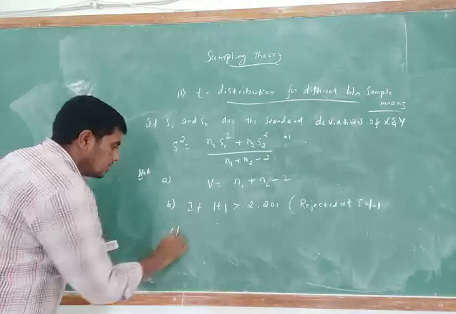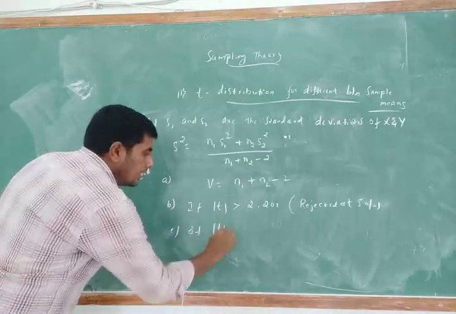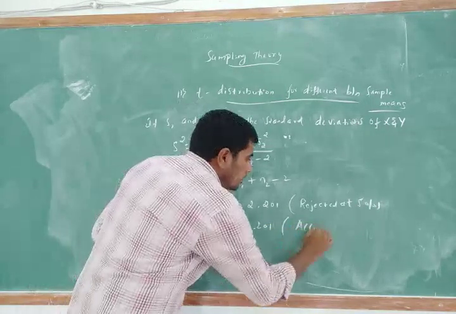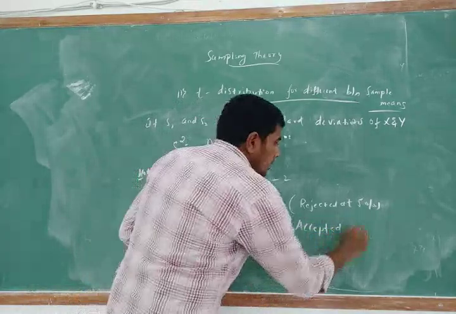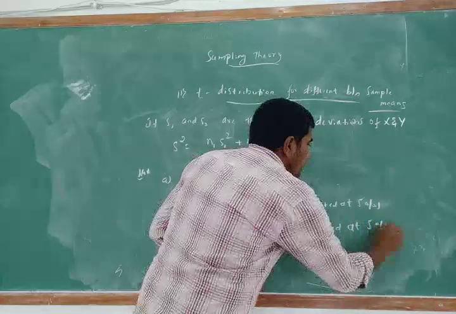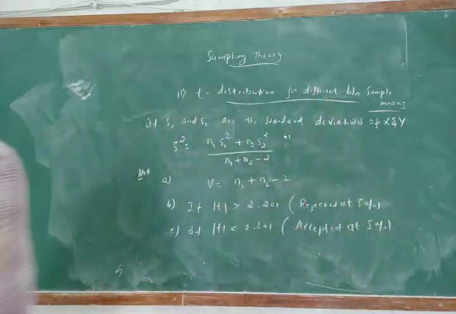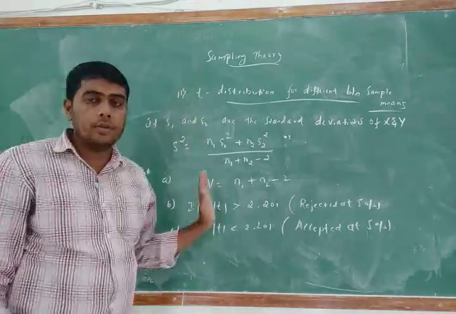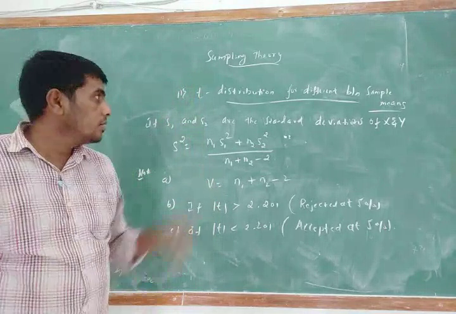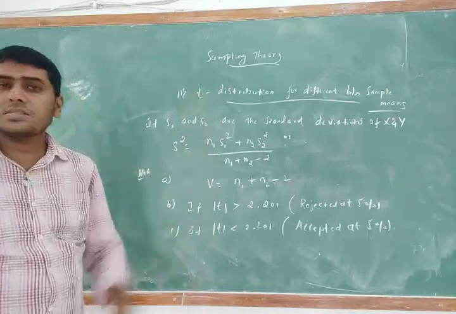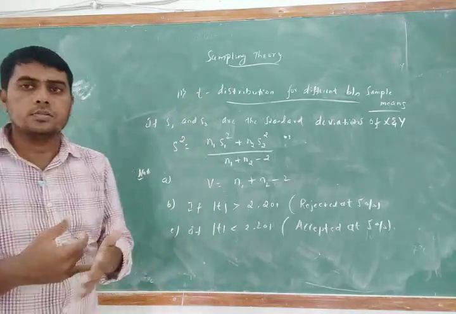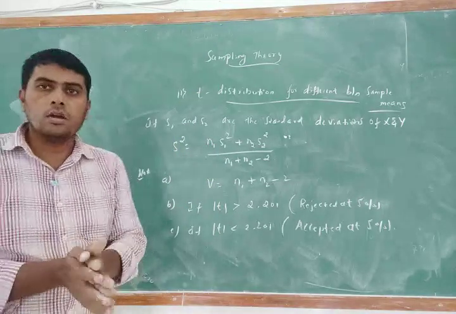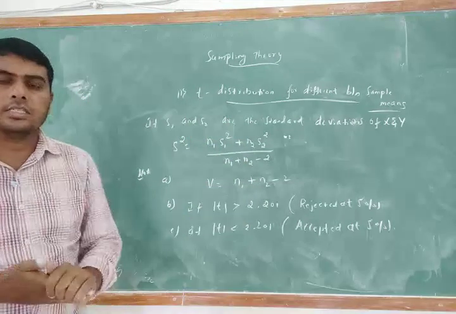If mod t is less than 2.201, then it is accepted at 5%. So only this much formulas you have to remember for this entire model. One more distribution is there, student t distribution, and one more is chi-square distribution. Tomorrow we will solve applications based on this concept.